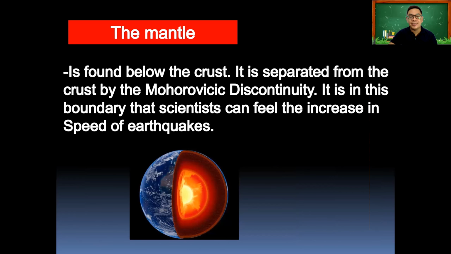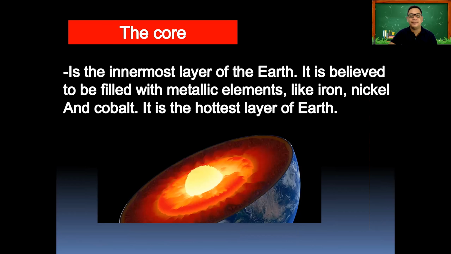What is a mantle? The mantle is found below the crust. It is separated from the crust by the Mohorovicic discontinuity. It is in the boundary that scientists can feel the increase in speed of earthquakes. Again, that is called mantle. Say mantle. Great. Now, what is a core?